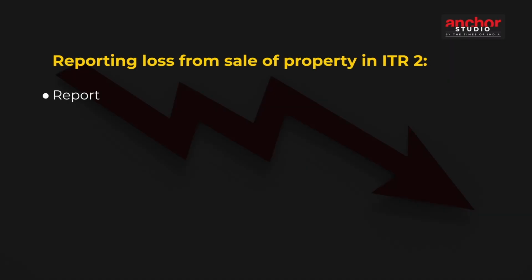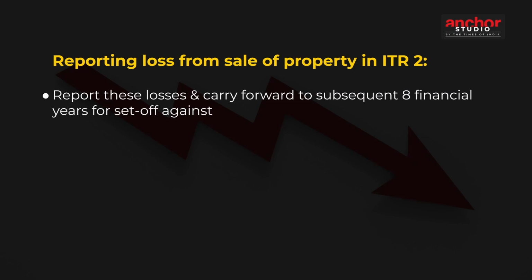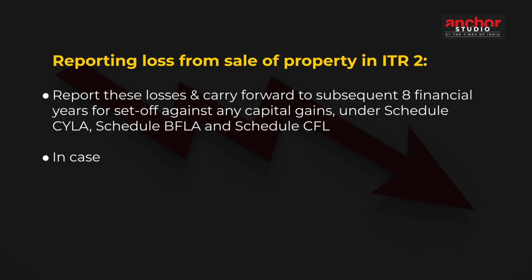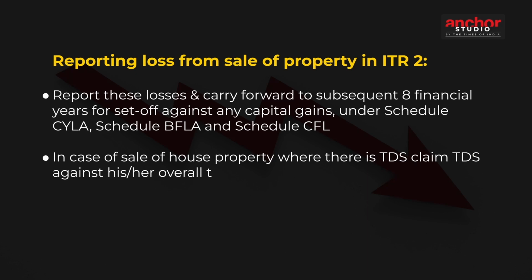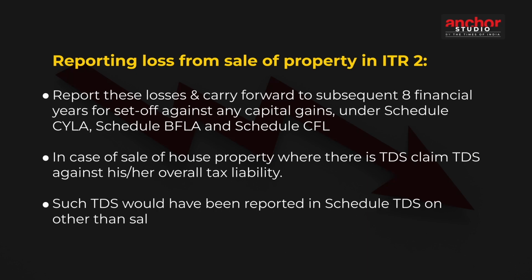Ultimately, if all this results in a loss from the sale of the property and you want to carry forward that loss for set off against future years, then there are separate schedules in ITR-2 for carry forward of loss from house property. There are various details to be disclosed therein as well, because the loss you would want to offset against future capital gains, if any, and there's a time period of 8 years specified.